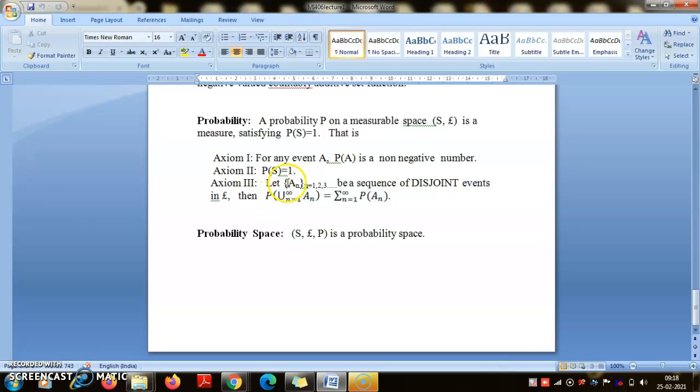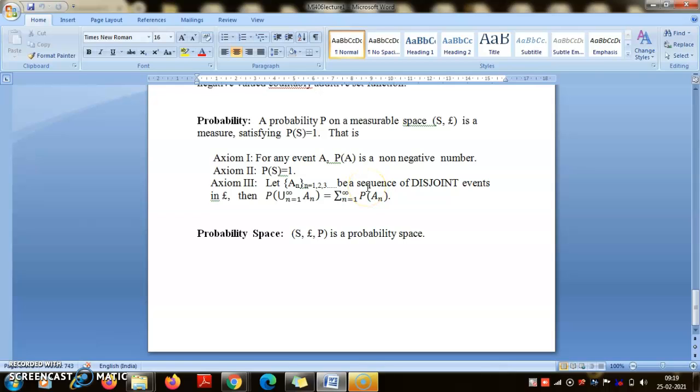And third, if I have a sequence of disjoint sets, so I have infinitely many subsets of S which are disjoint, then the probability of the union is the sum of the probabilities. The first is very easy to understand: probability cannot be negative, and the probability of the whole set, that is, the set of all possible outcomes, will not be more than 1, or chance cannot be more than 100%. Now the last part is a bit tricky. Here I am saying sequence. In mathematics there is a concept of countably many.